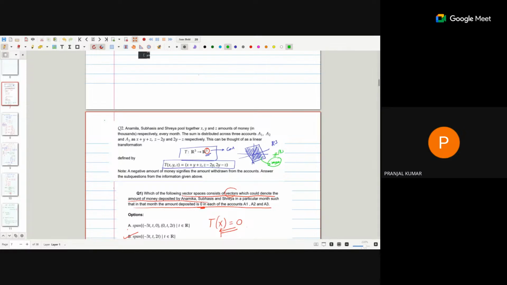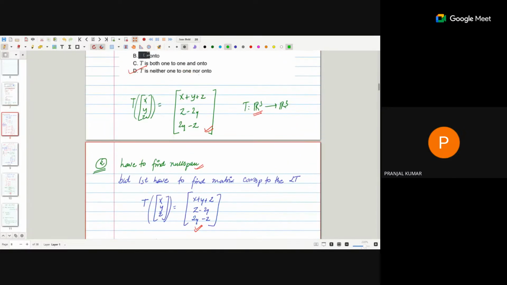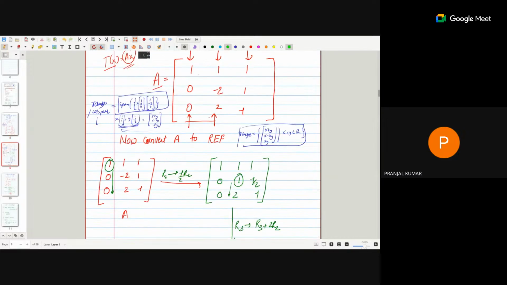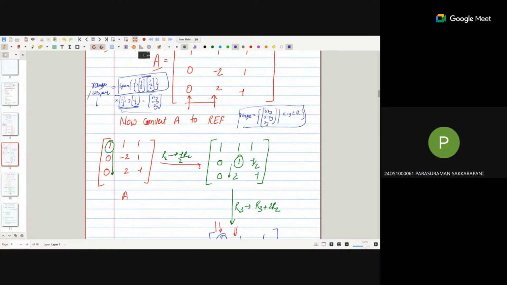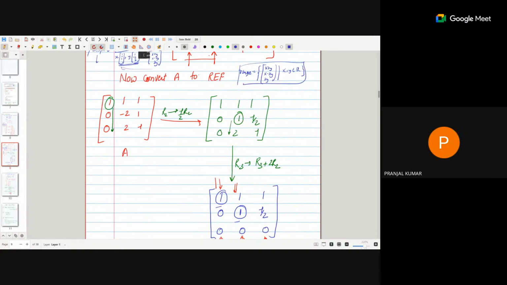It is a two-dimensional plane because you saw that the column space has only two vectors in it, the span of two vectors. But when we have three pivots, then rank becomes 3, then it becomes onto, right?